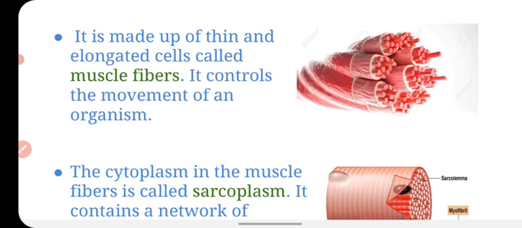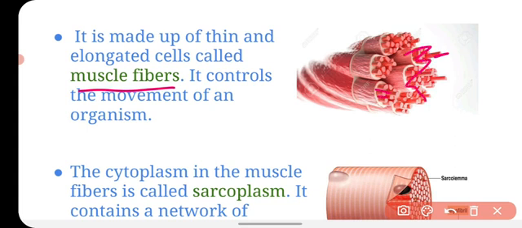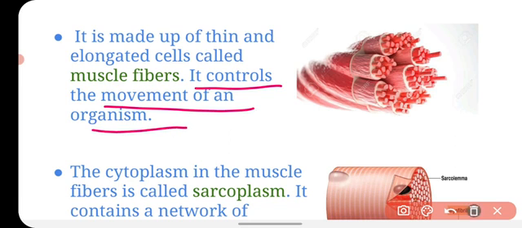The cells which are found in the muscular tissue are elongated and thin. They look like a fiber, and that's why they are called muscle fiber. So many fibers group together and make the bundle of muscles, and it controls the movement of an organism.